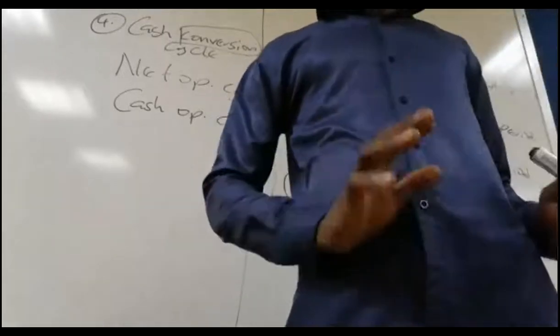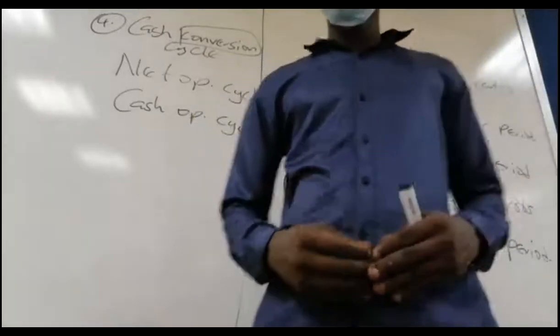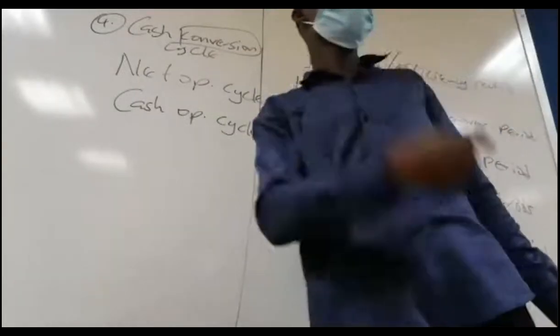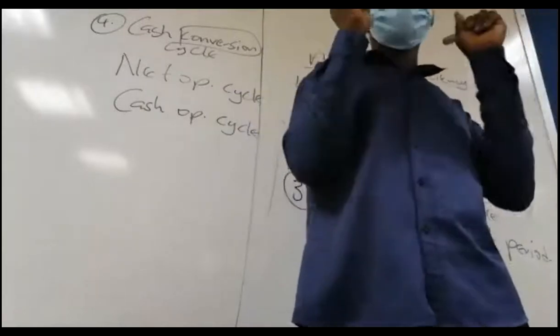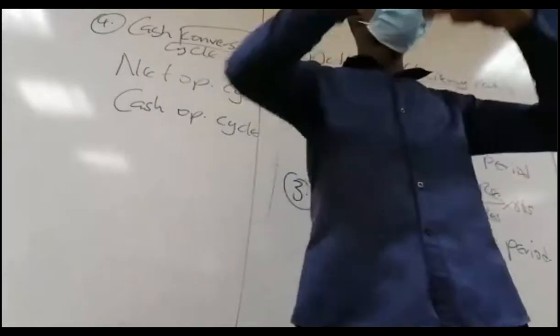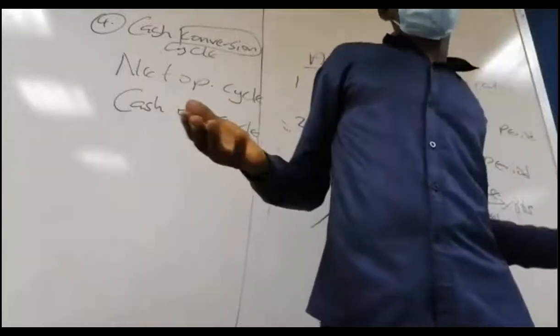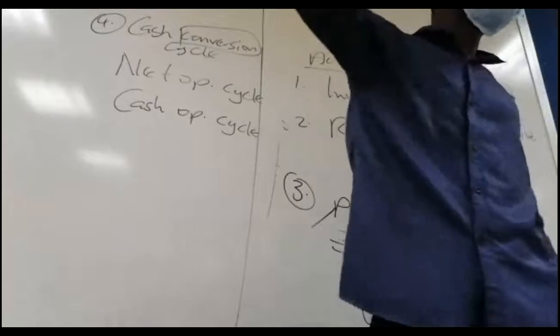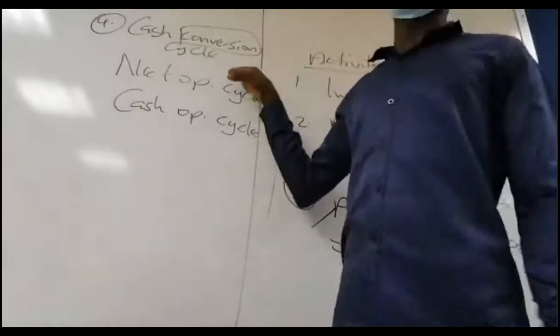The customer will take his time to pay. So how long will it take to convert the investment in inventory into cash through sale? After getting the goods, the inventory, if you don't sell them, the money will not come. So how do you convert your investment into cash? Through sale. That is the cash conversion cycle.